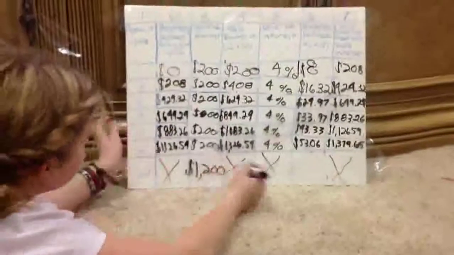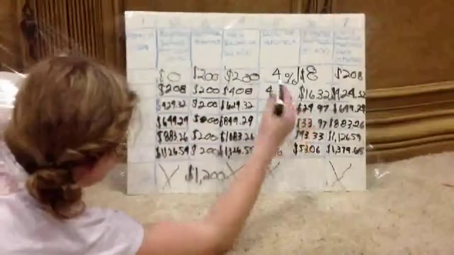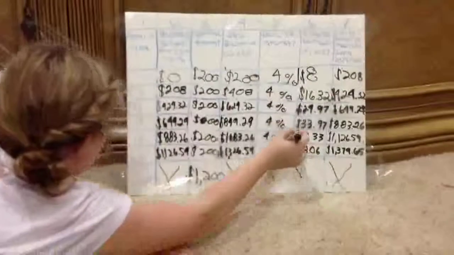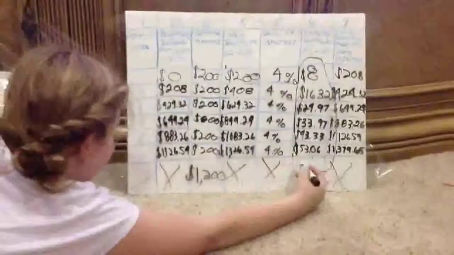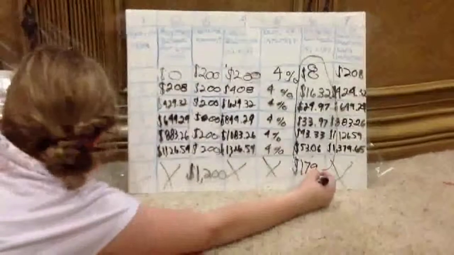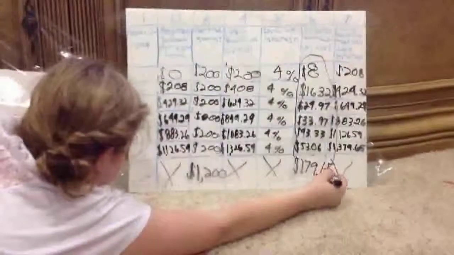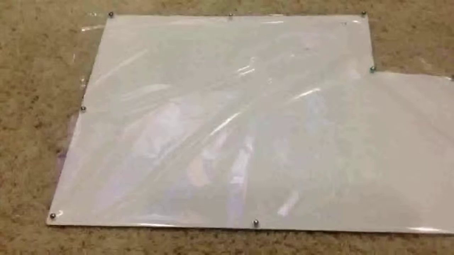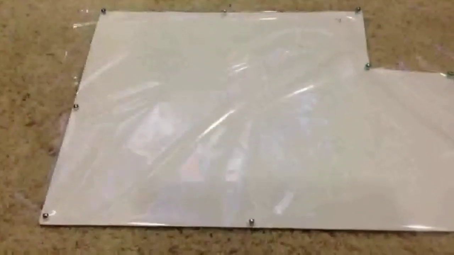So then when we move over here for our interest earned, we would add up all of the interest in this column, and we would get $179.65.